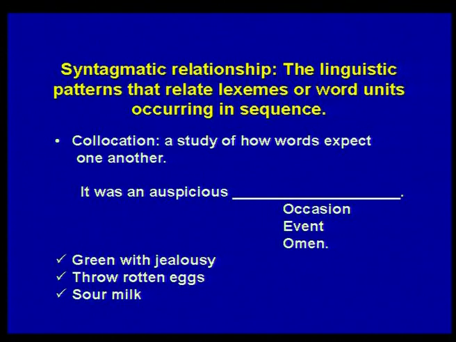It is very interesting to see how different cultures relate words differently. In fact, the relationship of collocation is also intimately connected to the culture the words are being spoken in.